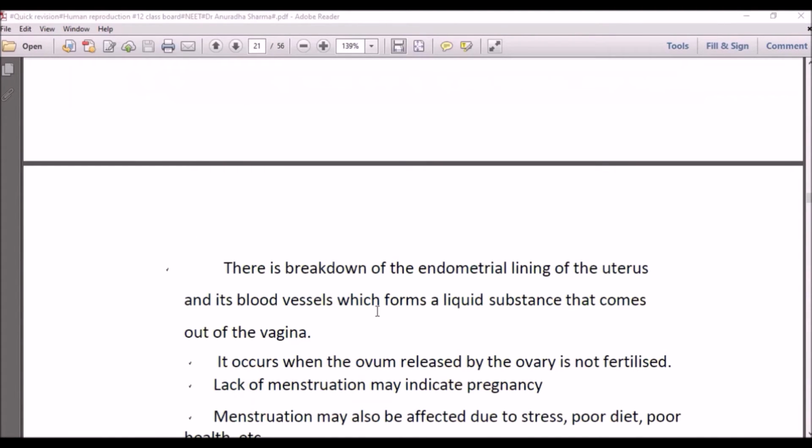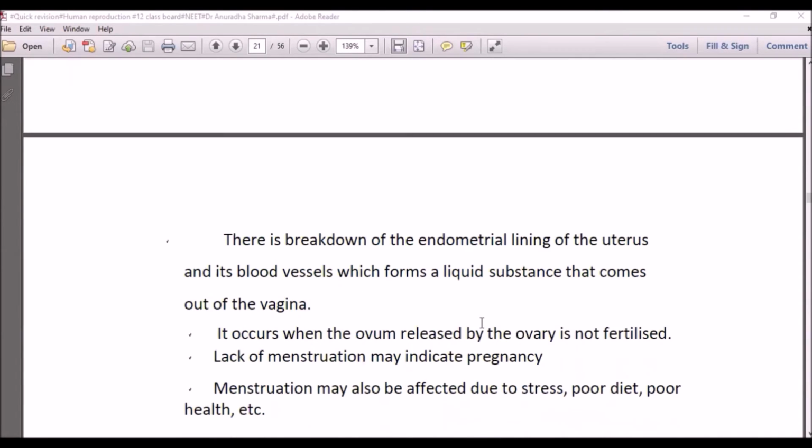Now in this period, what happens? There is breakdown of the endometrium lining of the uterus, and these blood vessels form a liquid substance that comes out of the vagina. So this endometrium, which is broken down, comes out of the vagina in the form of liquid, and it occurs when the ovum is released by the ovary but is not fertilized.